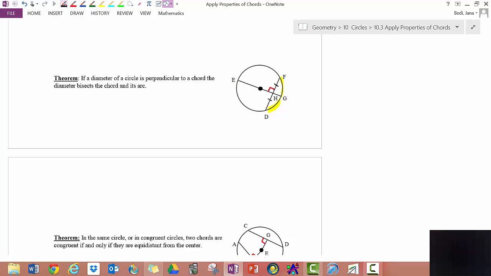Let's write that in the language of geometry.